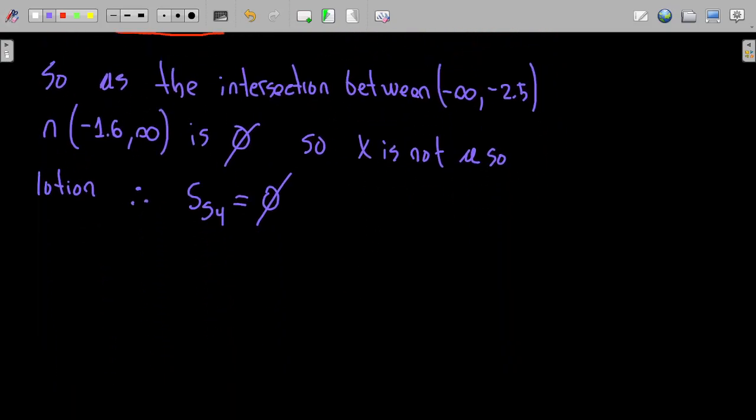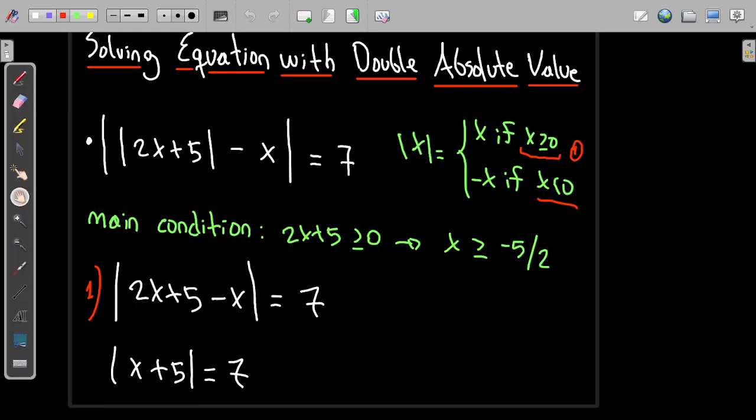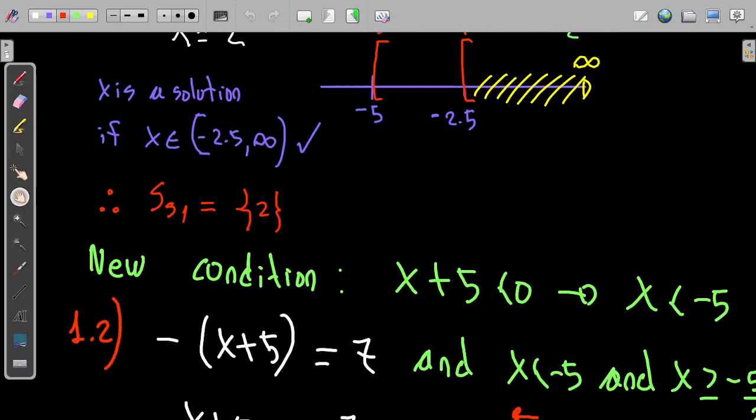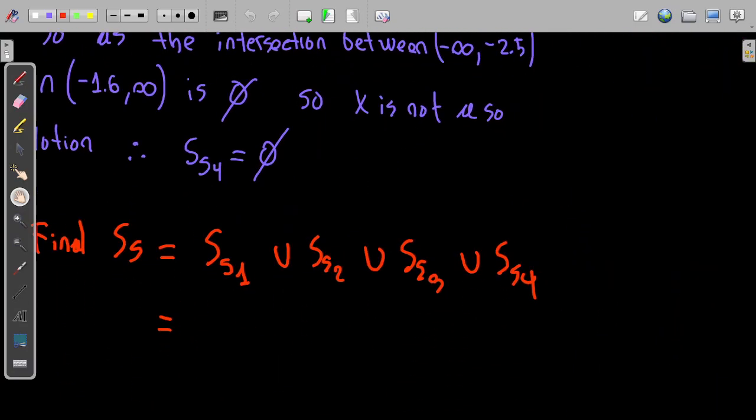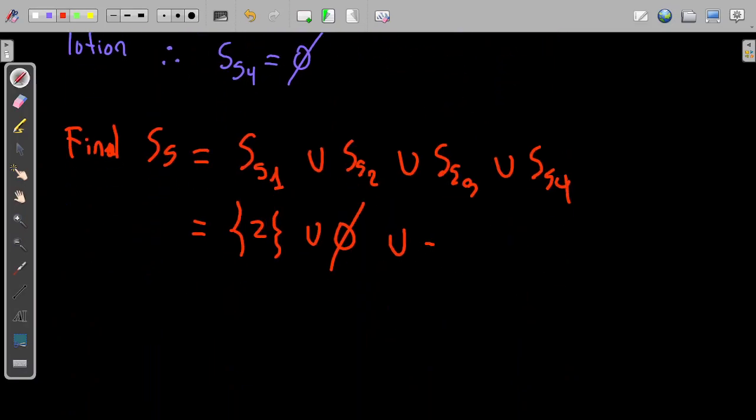So the final solution set should be the union of solution set 1, solution set 2, solution set 3 and solution set 4. Solution set 1 is 2, solution set 2 is the empty set, solution set 3 was negative 4, and solution set 4 is also the empty set.